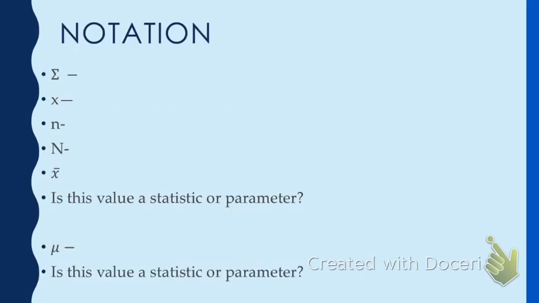Okay, here's some notation that you might just see and we'll have to use in this class. The first thing is sigma, which is the sum of something. When you just see the letter X, that's a specific value or a specific data point.